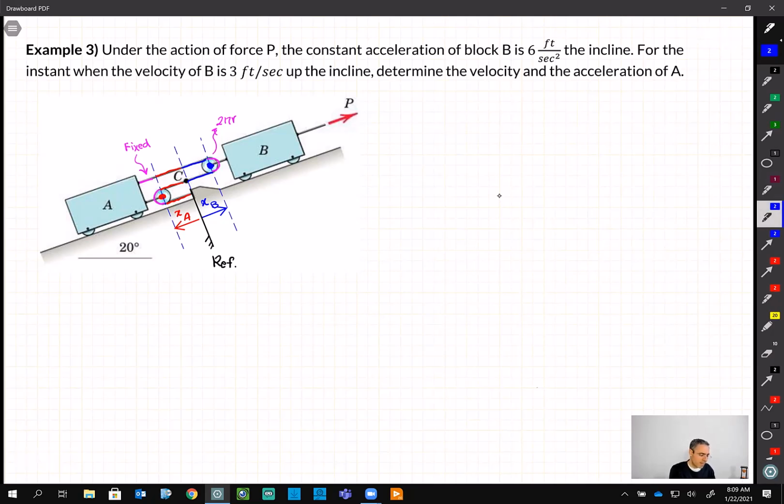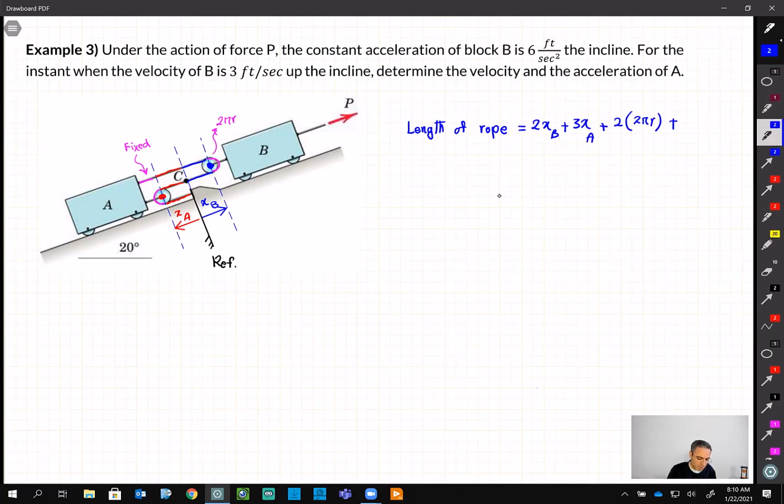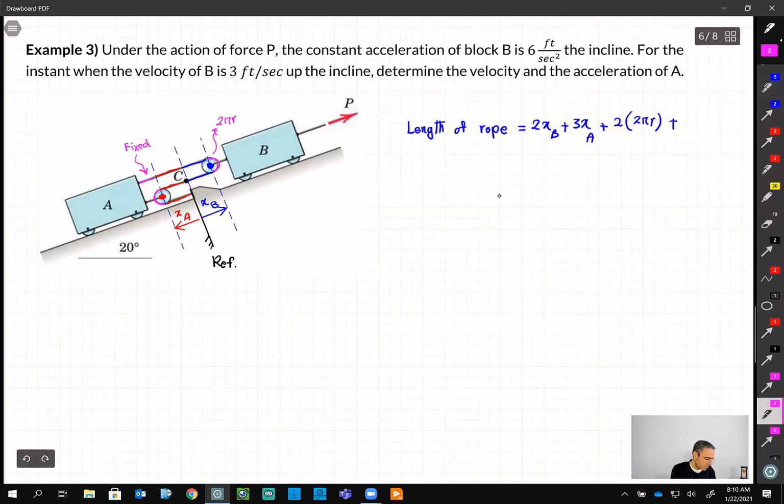So with this schematic that we have, can I write, and you tell me if I'm wrong, the length of the rope or string or whatever it is, equal to 2xb plus 3xa plus 2 pi r plus, let's call this fixed thing, maybe L or whatever.